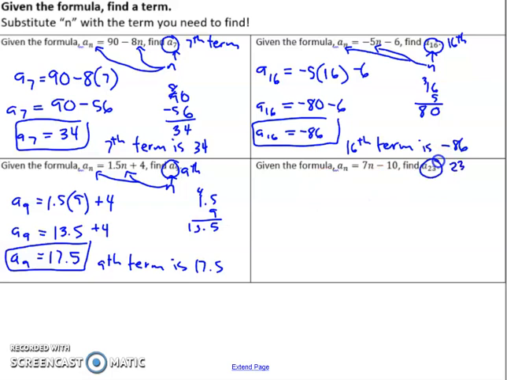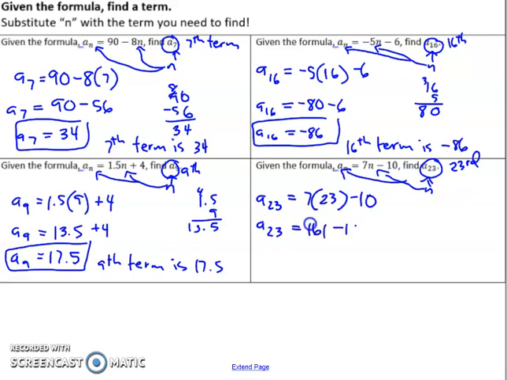Finding the 23rd term, wherever n is now 23. So to find the 23rd term, I multiply 7 times 23, where n is now 23, and I subtract 10. So the 23rd term is 161 minus 10.